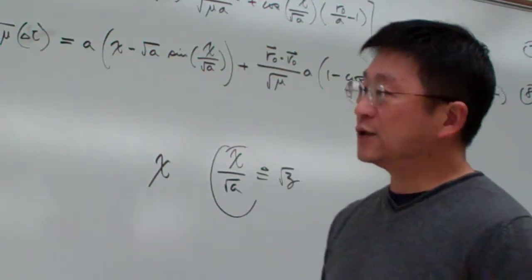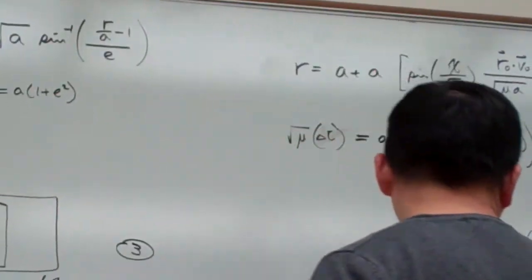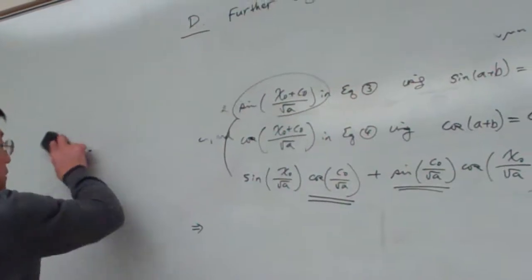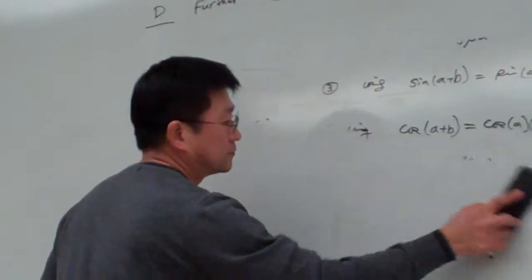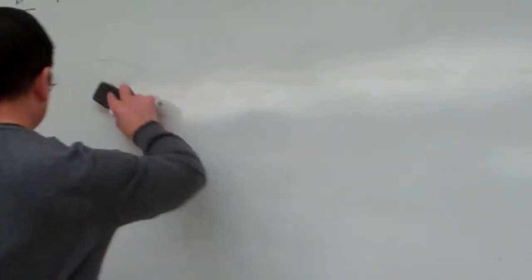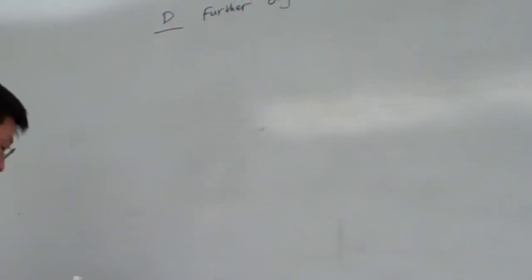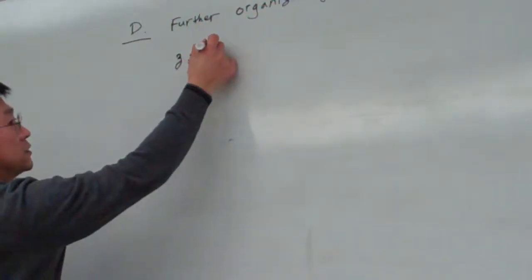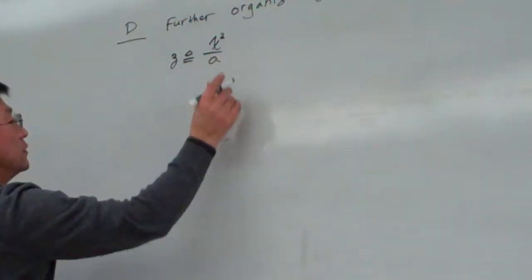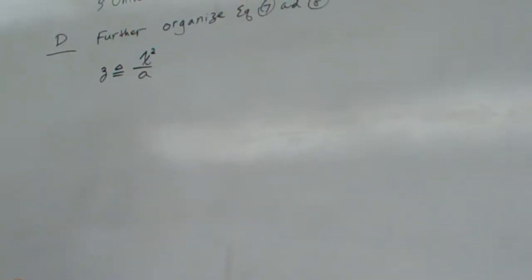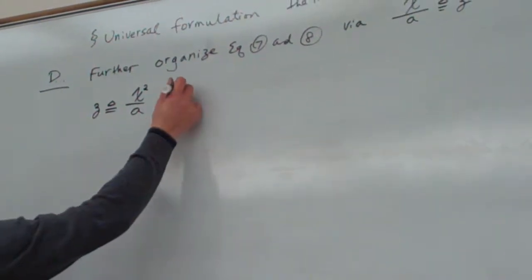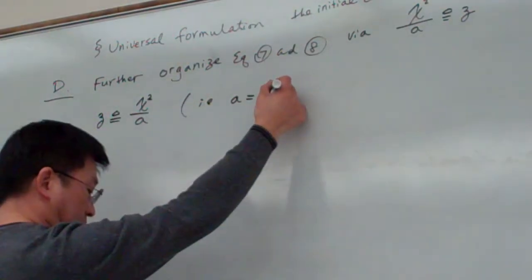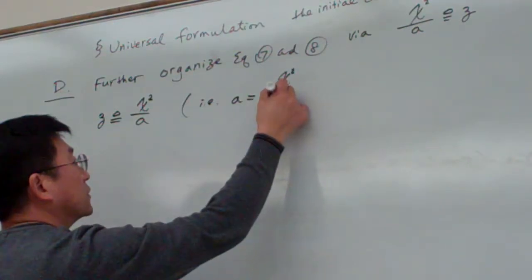Here we want to re-express both equations in terms of z. Defining z equal to x squared over a, which means a is equal to cos c squared over z.